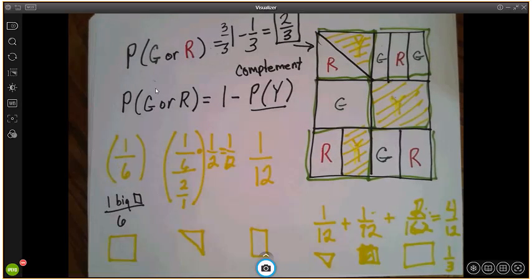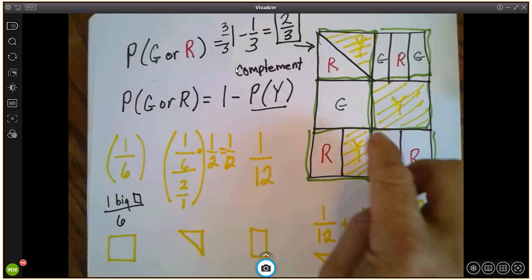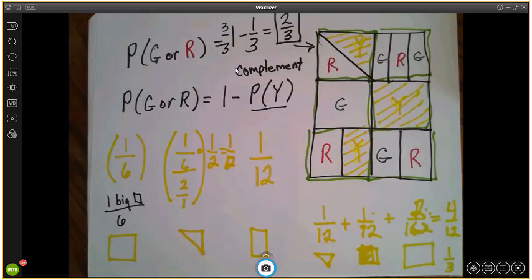Do you see how to do that one now? Are you good with that one now? Yes, sir. So the triangle can still be split into fourths just like the rest of them? This triangle is only, you take this 1/6, I'm going to highlight it in blue.